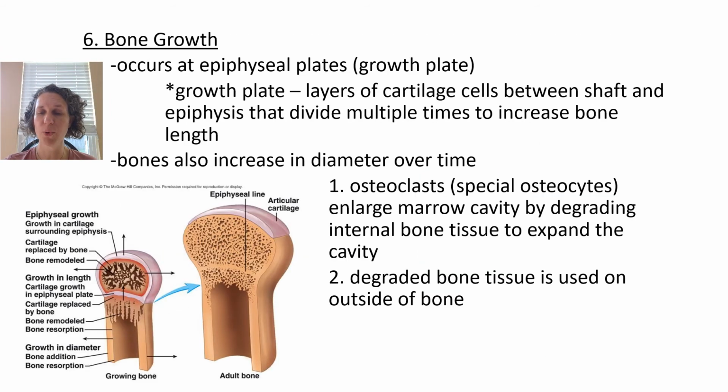Okay, so now growth. Growth occurs at the epiphyseal plates, which we talked about as growth plates a couple of slides ago. This is where you have multiple layers of cartilage between the shaft and the epiphysis, so between the shaft and the end of the bones. And this is where you have lots of cell reproduction going on, lots of division, that increases the bone's length, so it gets longer.